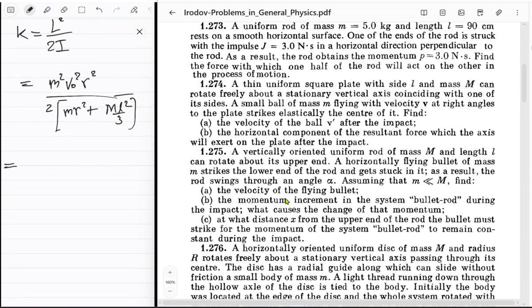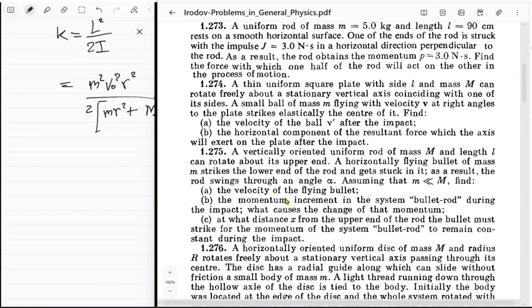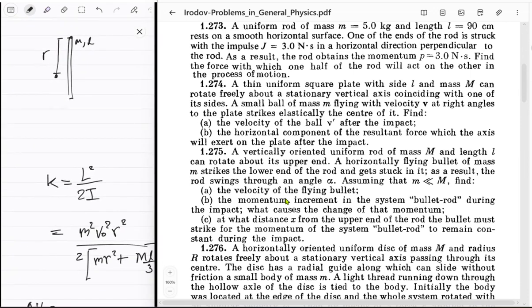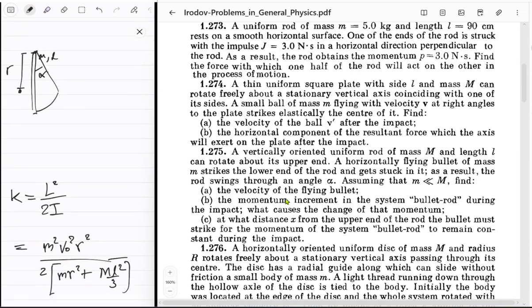And what's our potential energy? The change in kinetic energy is also equal to delta K, in fact. And the change in potential energy is just equal to what? It increased, but by how much? If this angle is alpha, then this guy went up by l upon 2 times 1 minus cosine alpha, and you have got g as well.